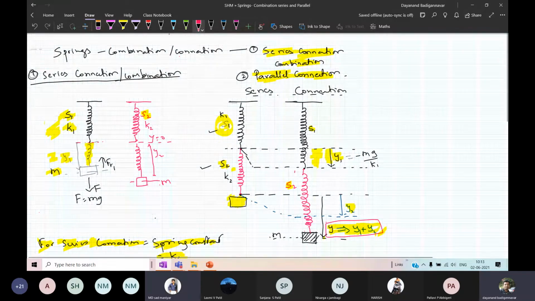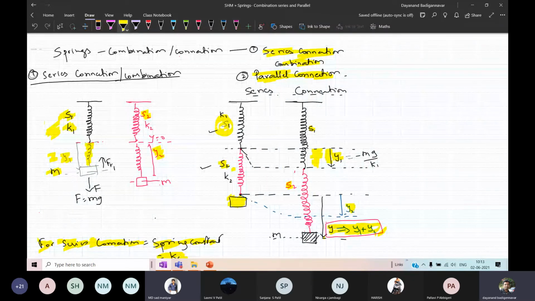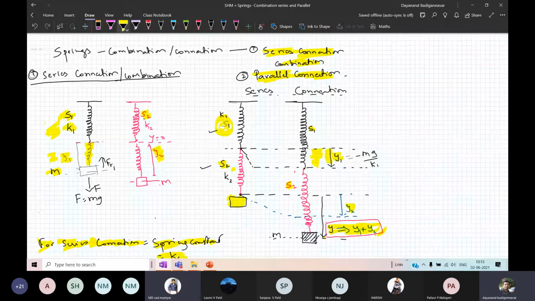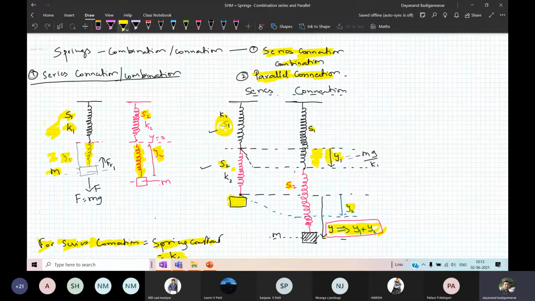You are getting the point. The spring S2 has now been elongated by this much length. So I have to find the value of y2. In the same manner as in the previous discussion, I have to do the same thing. So go for the spring S2.